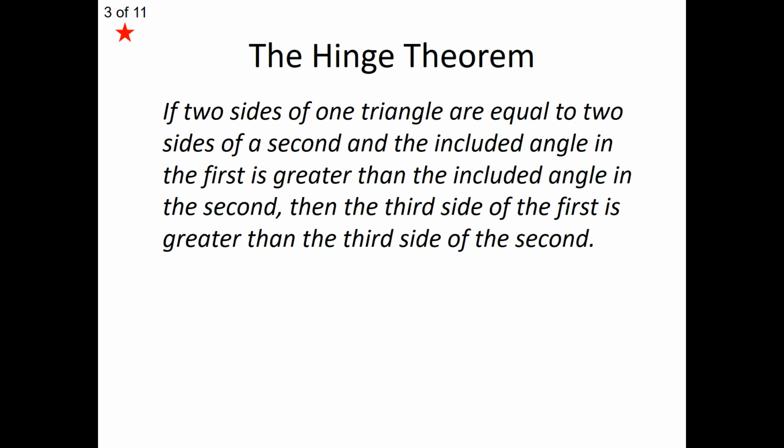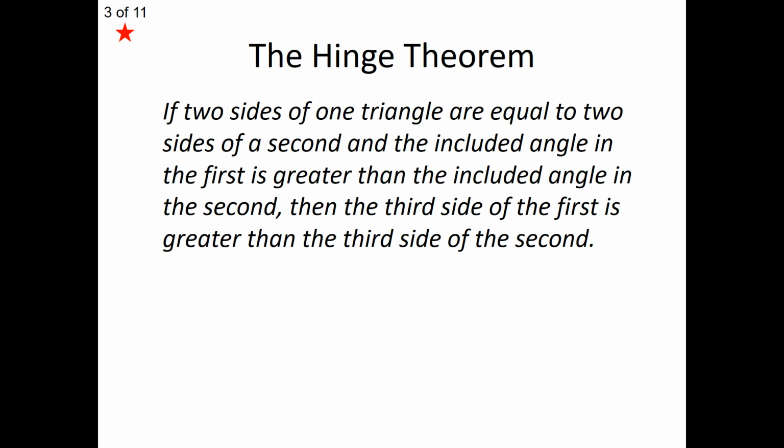So again, there are a lot of stipulations going into the condition, or the given, of the conditional for Hinge theorem that we have to satisfy. We can't just cross compare between any two triangles. So let's read that given one more time. If two sides of one triangle are equal to two sides of another, and the included angle of the first is greater than the included angle of the second, then the third side of the first is greater than the third side of the second.